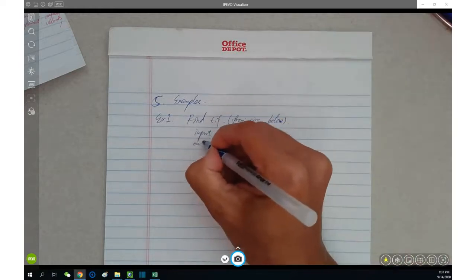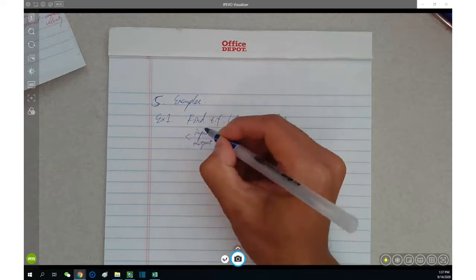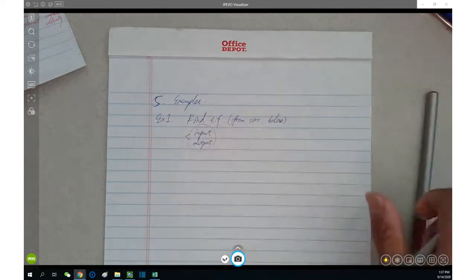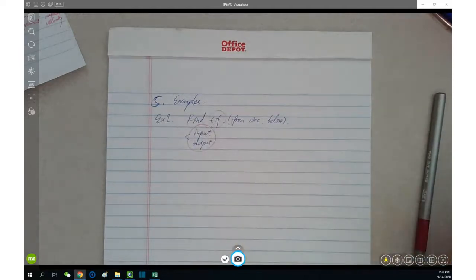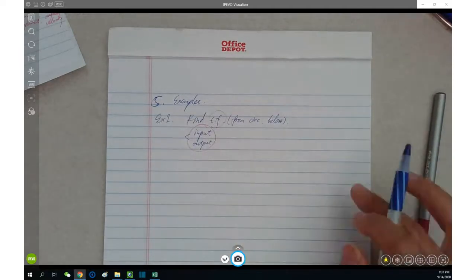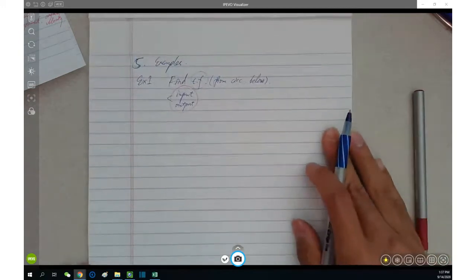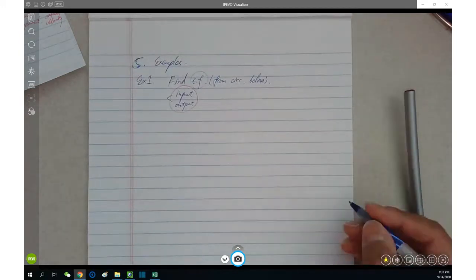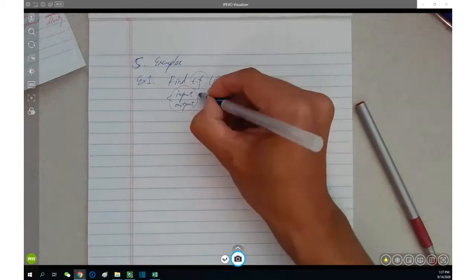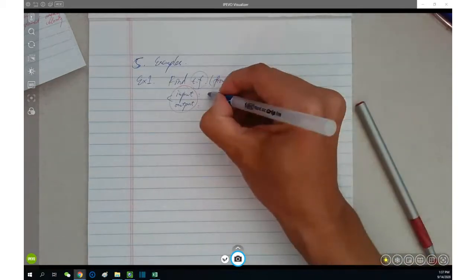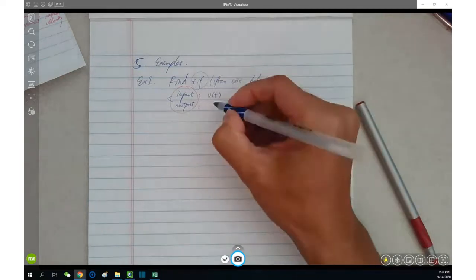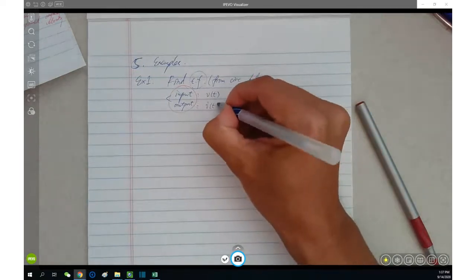Without this information, you can't do anything regarding the transfer function. It doesn't make any sense. You don't even know who is the input and who is the output. So who is the input in this particular example? V of t. Output I of t. Of course, they're going to be labeled in the circuit.